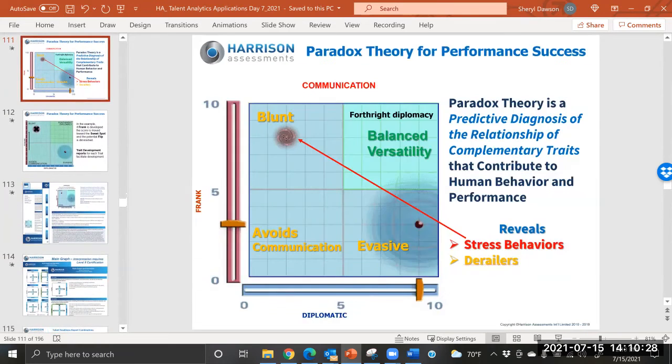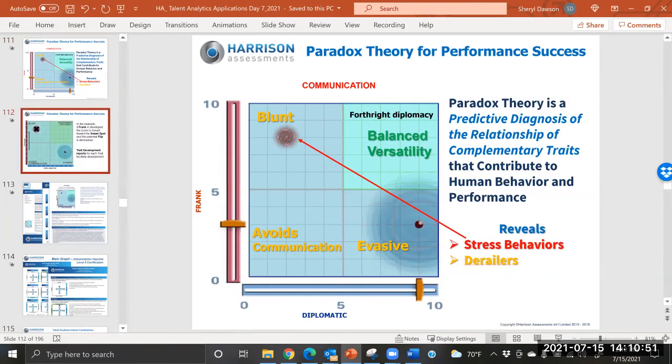And Janet, what we covered very carefully in the level 1 training was to look at what happens when someone is out of balance, how the derailers impact their ability to perform or to have effective relationships, and how that also creates stress behaviors.